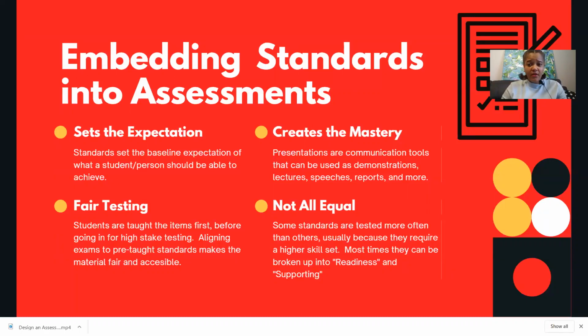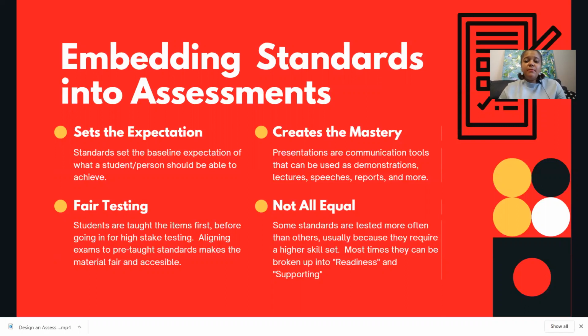It's unfair. It is absolutely unfair. What if I turned around and said, right now, I am going to test if you can run a marathon? You never trained for it. You don't know the ins and outs. You don't know what to do. It's literally the exact same thing. And so if you're holding someone to a graded expectation, remember that word, high stakes, on something they haven't been taught, it's just not fair.